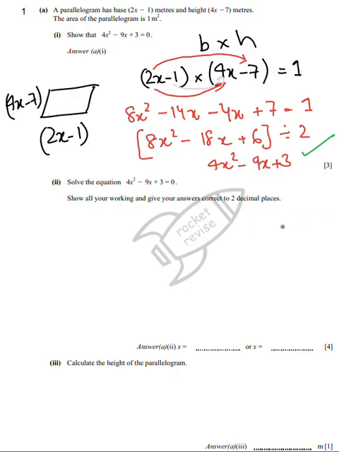Solve the equation 4x squared minus 9x plus 3. Now give your answer to two decimal places. Whenever we see two decimal places, we are supposed to solve this question using the quadratic formula. Always remember this. Why?